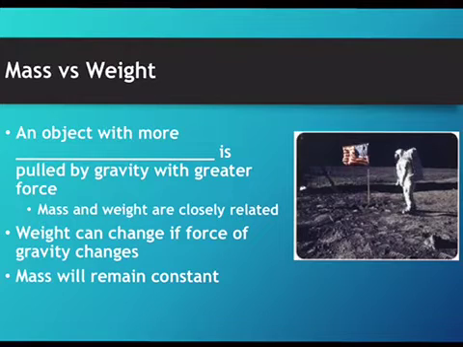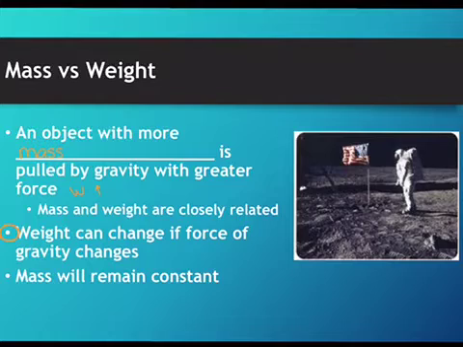So still on the topic of mass and weight, an object with more mass is going to be pulled by gravity with a greater force. So that means its weight will also be higher. Mass and weight are closely related. The big thing that changes here is that weight can change if the force of gravity can change.